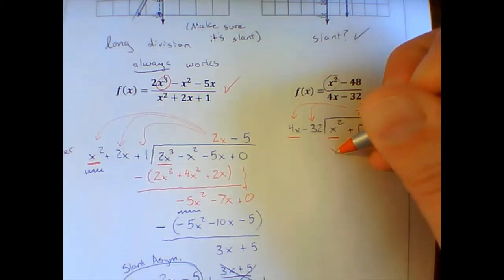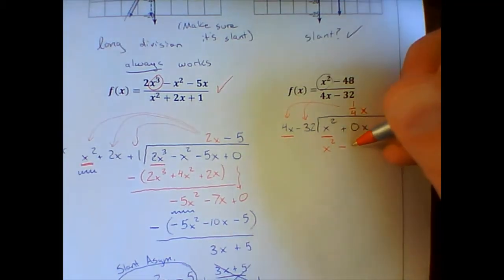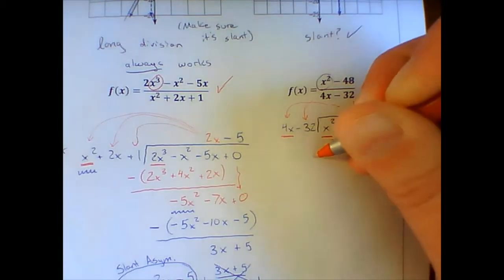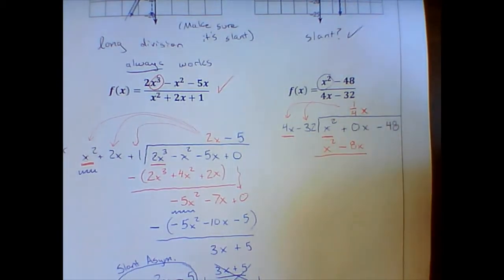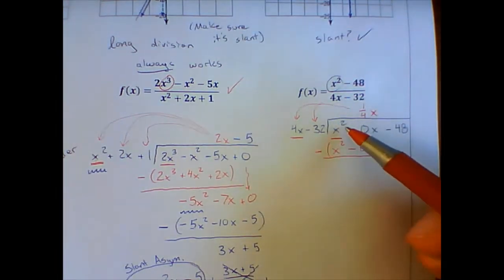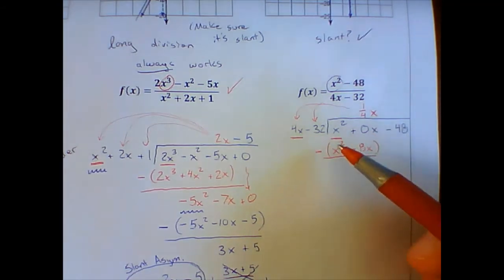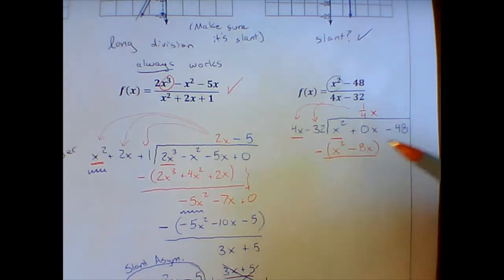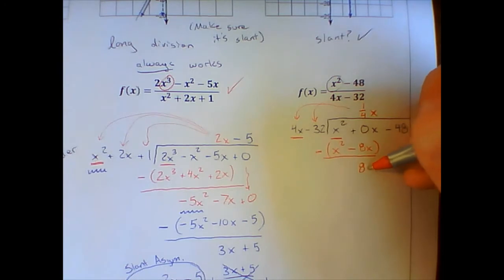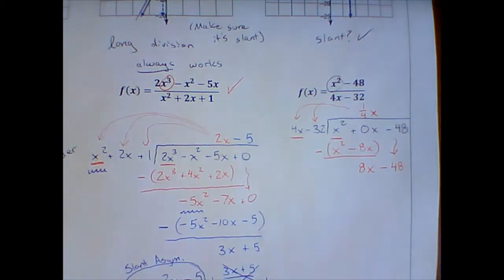So we're going to get just x squared, or 1x squared, minus, and then 1/4 hits 32, and that's 8, because the 4 on the bottom is a dividing 4, so 32 divided by 4 is 8. Remember that you're going to subtract the group. So the x squareds are gone, and 0 minus a negative 8, those double negatives just canceled. That's a positive 8x down there. Okay, let's bring down the next term, which is a minus 48, and we are just about done with this.